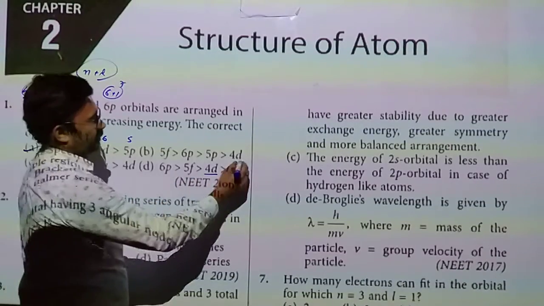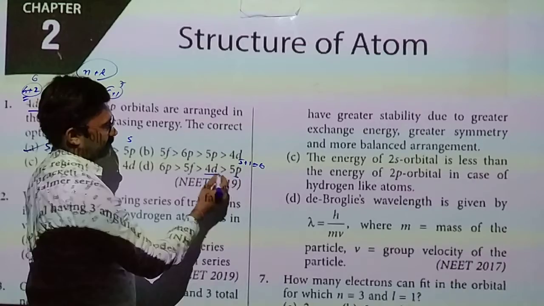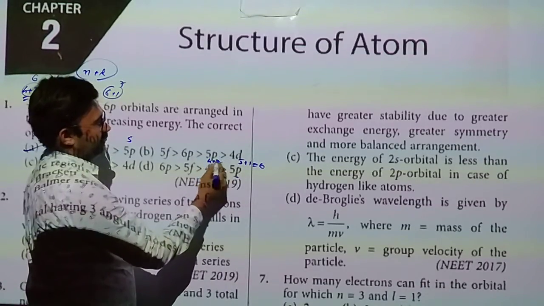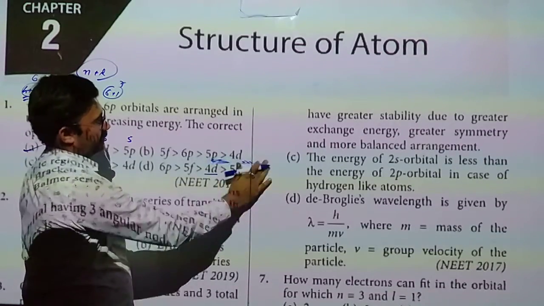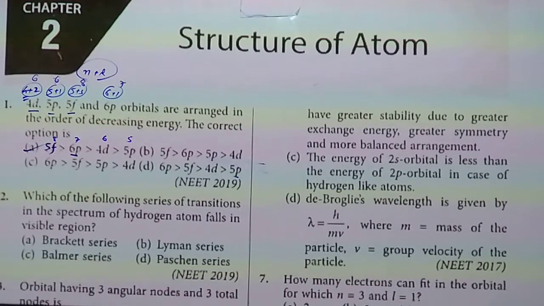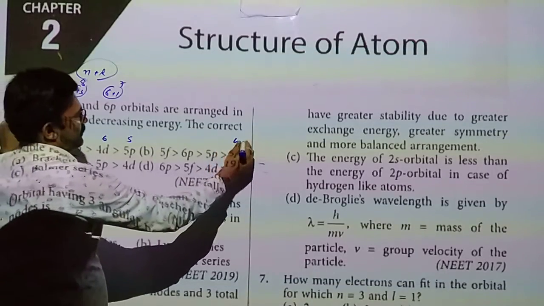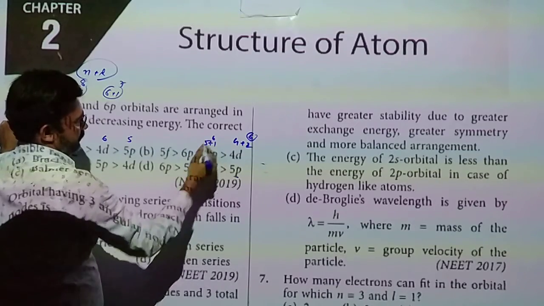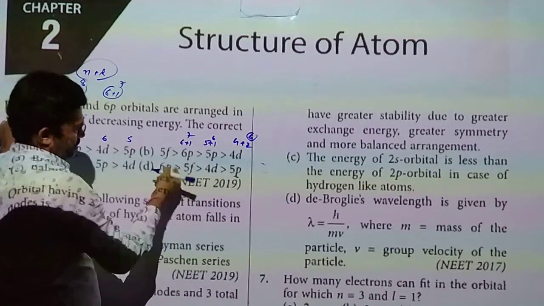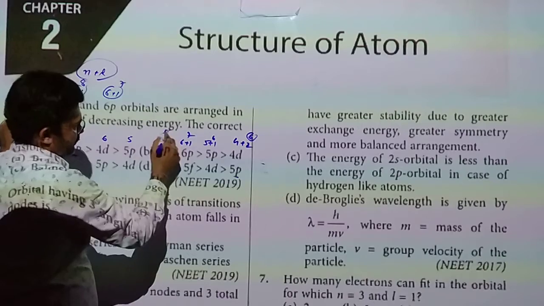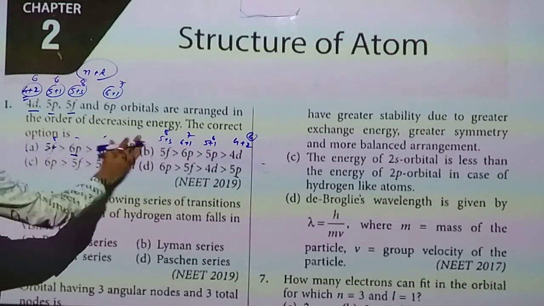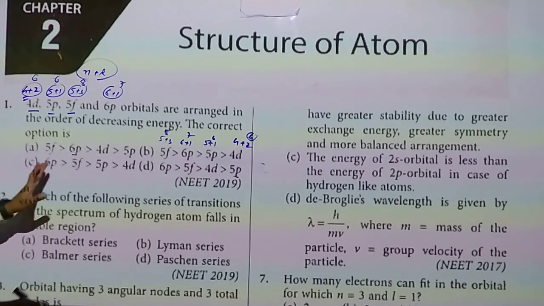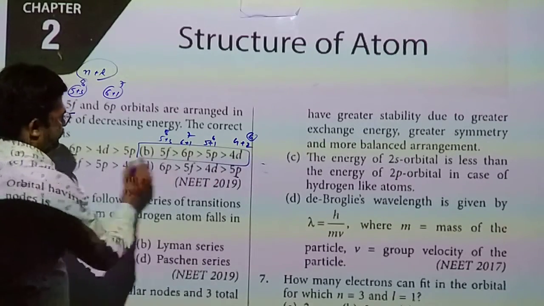Yes, 5 plus 1 means 6, 4 plus 2 means 6. So which answer will be true? Check out. 4d: 4 plus 2, 6. 5p: 5 plus 1, 6. 6p: 6 plus 1, 7. 5f: 5 plus 3. Yes, this type of rough work we have to do. And we get the true answer B.